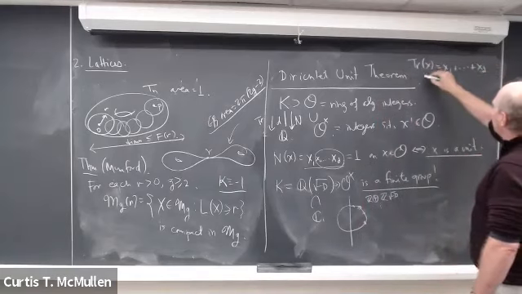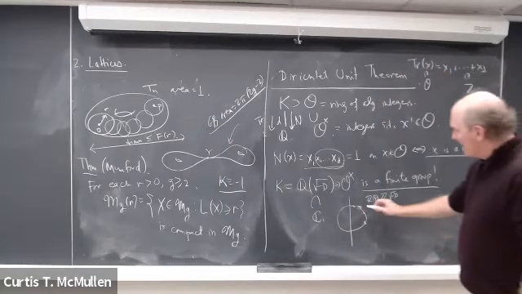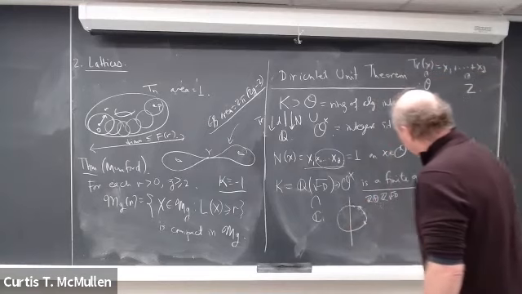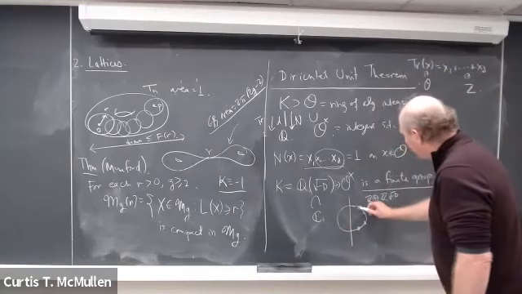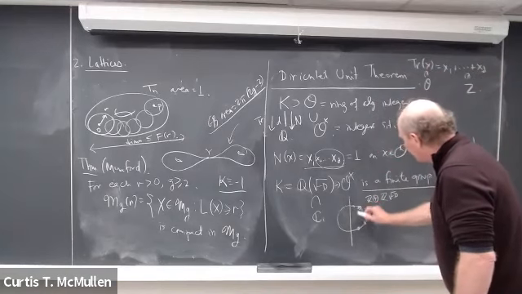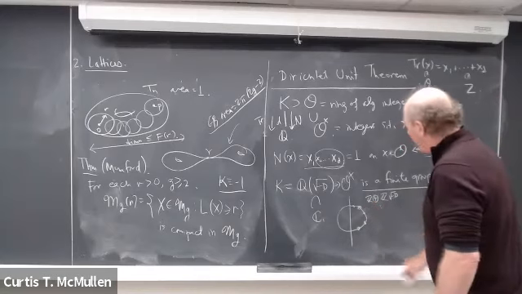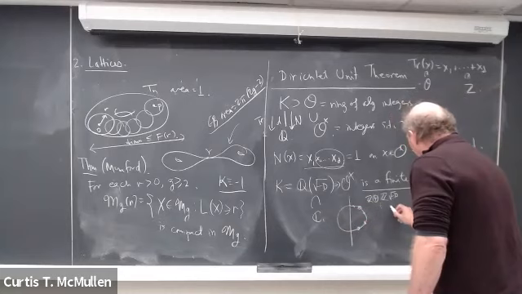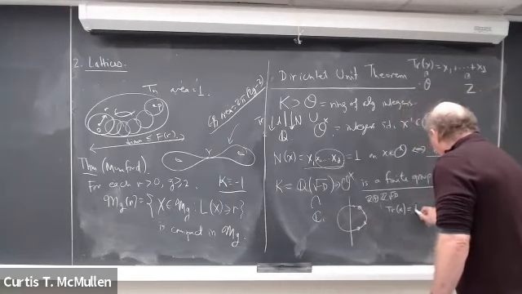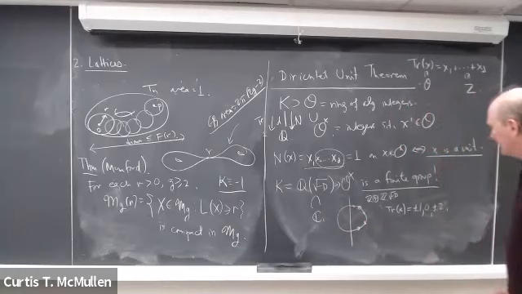And again, if x is in O, then this is in Z. And so if you had an algebraic integer on the unit circle in a quadratic imaginary field, its trace would just be twice its real part. And so if you have a unit on the circle, the trace of x would have to be plus or minus 1, 0, or plus or minus 2.